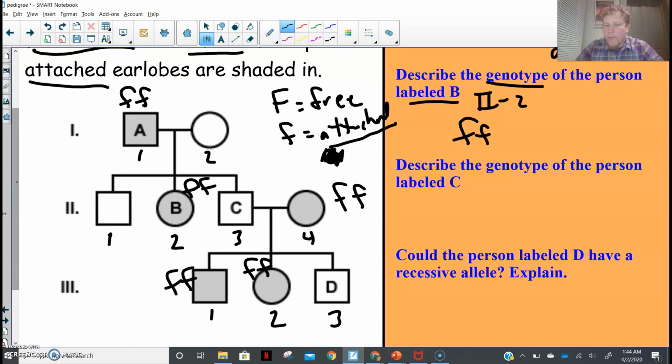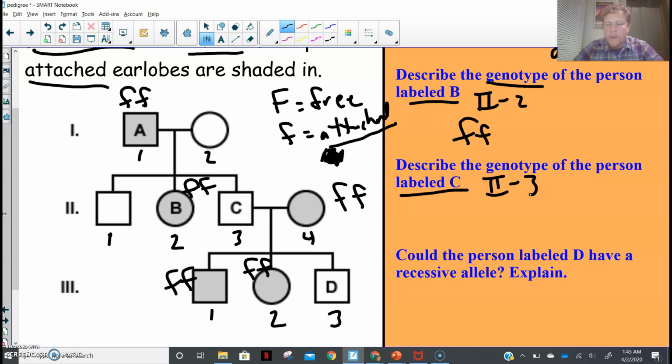Describe the genotype of the person labeled C. Another way of writing C is 2-3. There are two ways we can tell this. One is that we know that they don't have the trait, which is recessive.